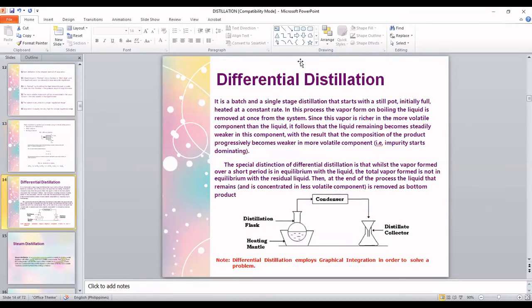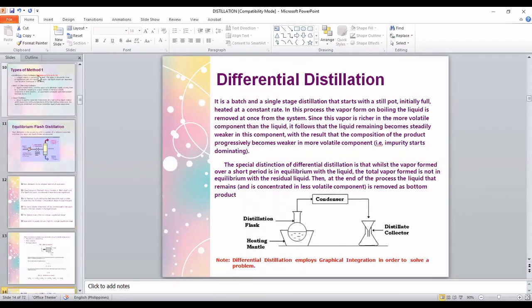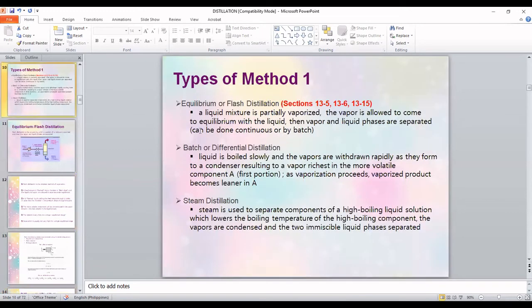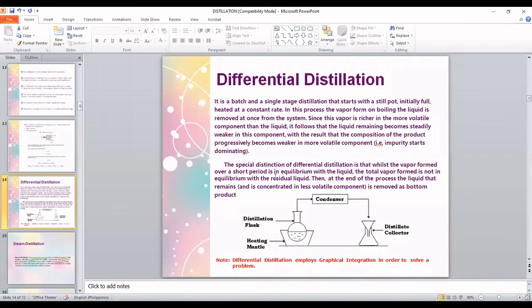Now, differential distillation. That's the second type in method 1. Differential distillation is a batch, single stage distillation that starts with the still pot, initially full, heated at a constant rate. In this process, vapor forms on the boiling liquid, and the vapor is removed at once from the system.